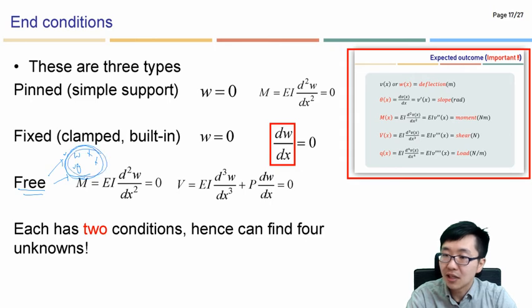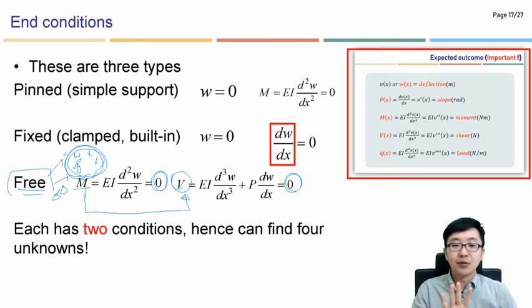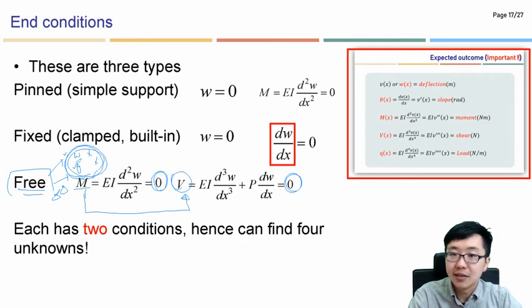We cannot get any information from here if we talk about free condition. That's why we have to see moment first, 0, and then shear, that is also 0. So each has 2 conditions. Therefore, we can find 4 unknowns now, A, B, C, D, right? So based on this, we can move on.